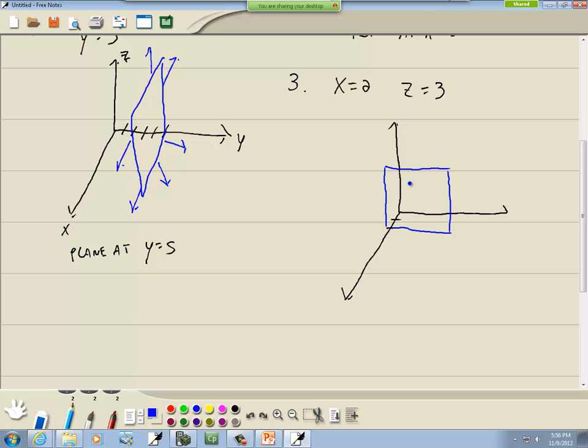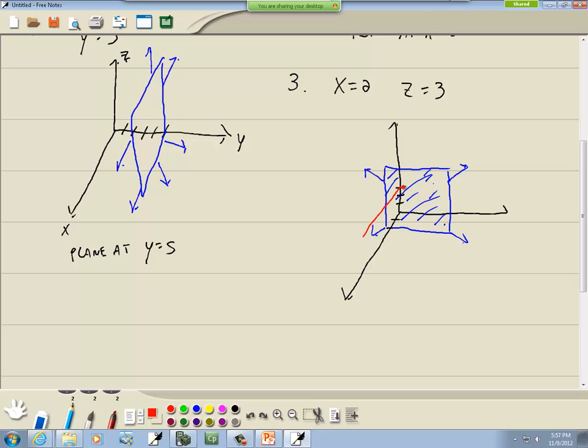And again, it's going in all directions. So we got a plane right there. Okay. Now our next one is z is equal to 3. Now I'm assuming when I read this that they want us to come up with the intersection of those.